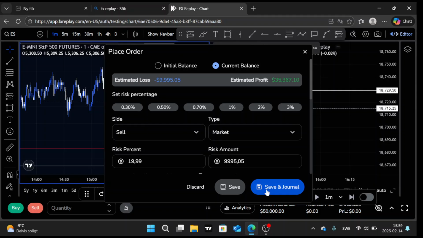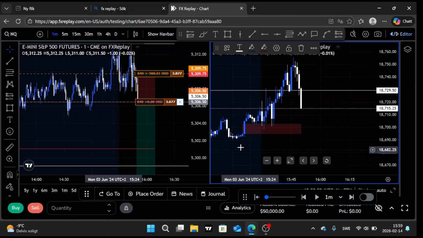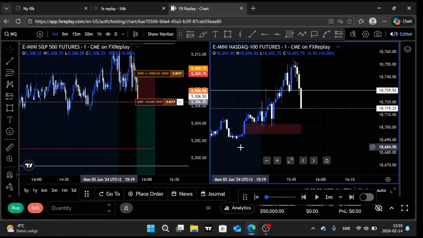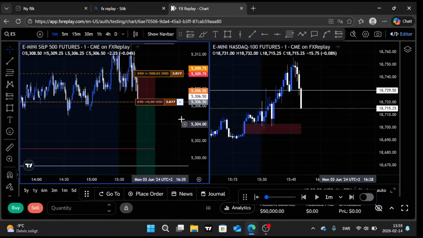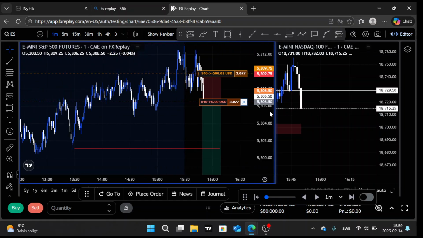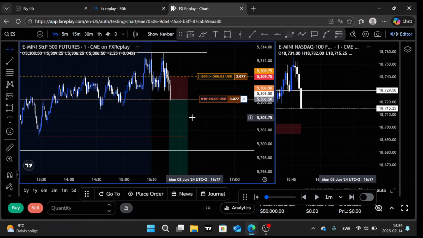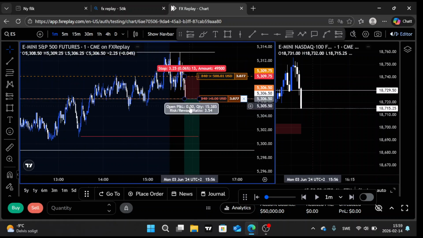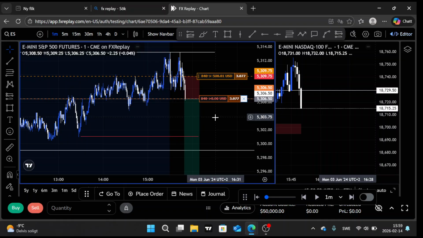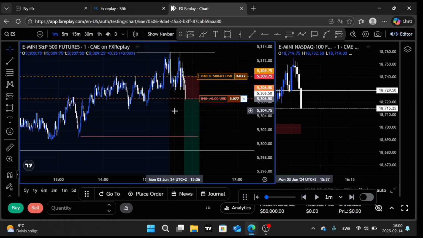Place order, my friend. 9,995. 1%, which is 500. And here we go. This is the kind of trade I take, and even if I go stop loss, I don't care, because this is what I was looking for.